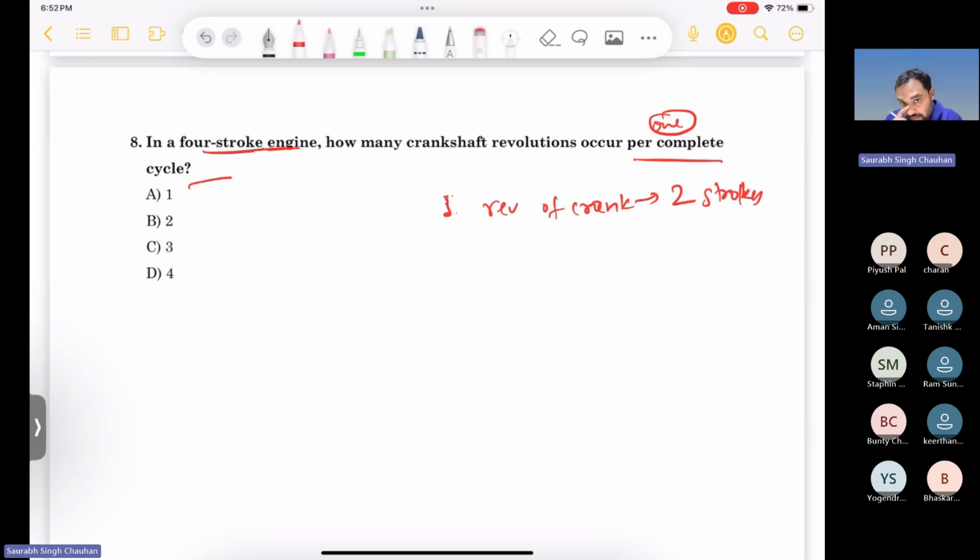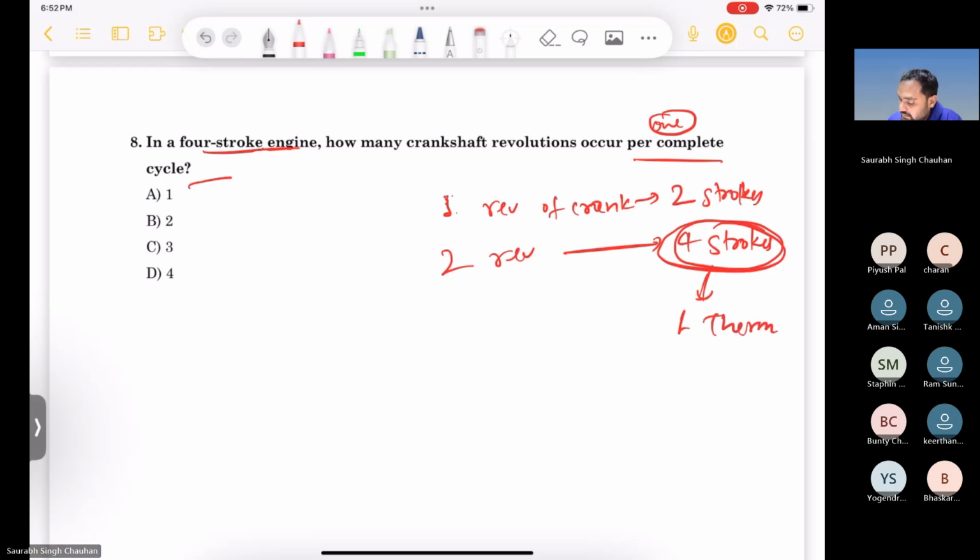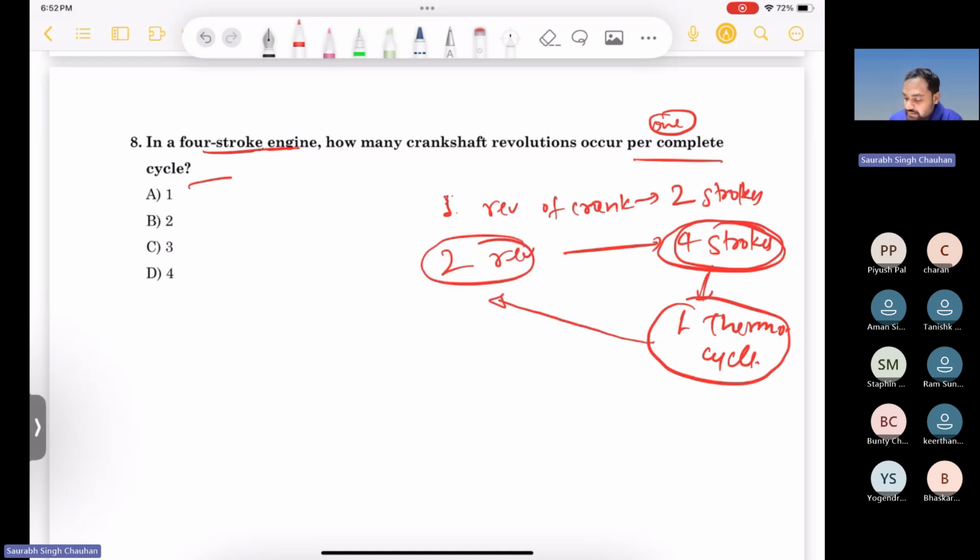So how many revolutions will be required for 4 strokes? 2 revolutions will be required for 4 strokes. And in 4-stroke engines, 4 strokes complete one thermodynamic cycle. Correct. So one thermodynamic cycle corresponds to 2 revolutions of the crankshaft in 4-stroke engines.